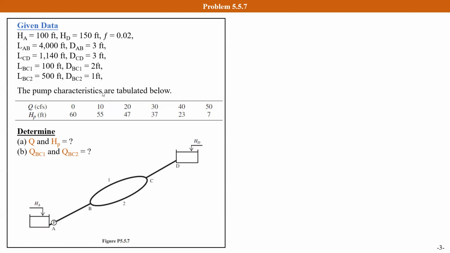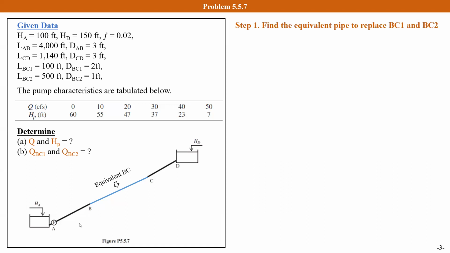This problem asks us to calculate the total flow rate and the pump head. It also asks us to calculate the flow rate in pipe BC1 and pipe BC2. To solve for the total flow rate, we can apply the equivalent pipe method to replace pipe BC1 and pipe BC2 with an equivalent pipe BC.